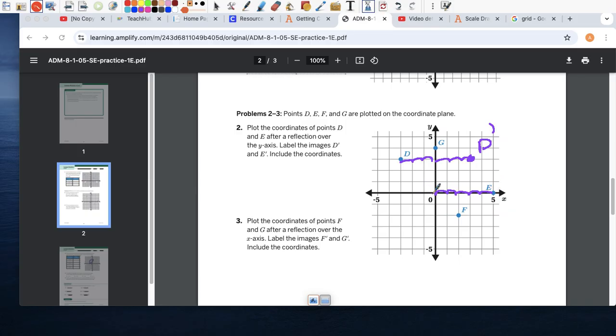So on the other side of the mirror, 1, 2, 3, 4, 5. So that's where E prime is. And they want the coordinates. Okay, so D is 1, 2, 3, and 3 up. So 3 to the right, 3 up. Those both positive. E prime is negative 5 to the right and 0 because it doesn't go up or down.